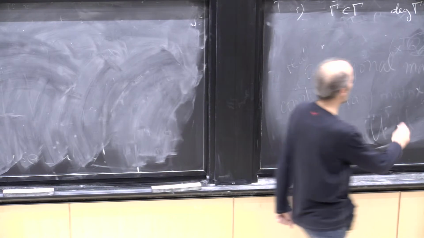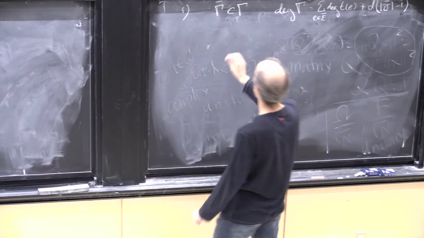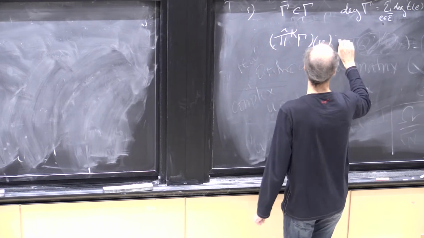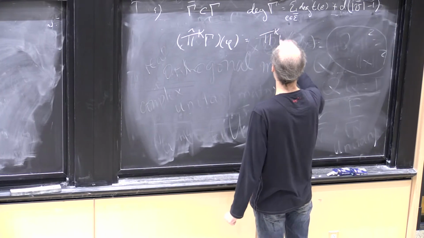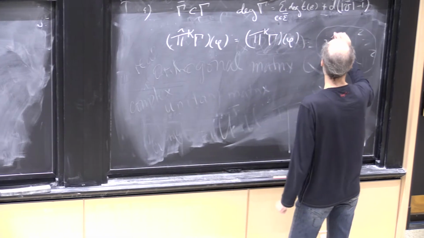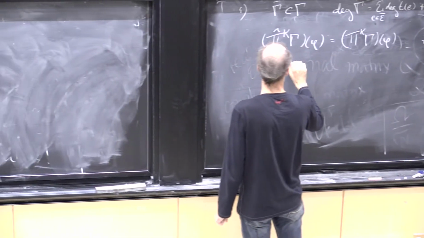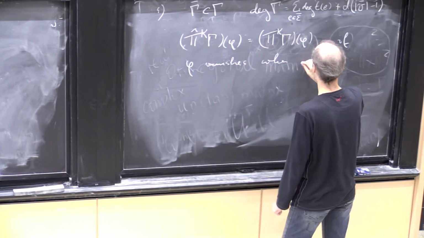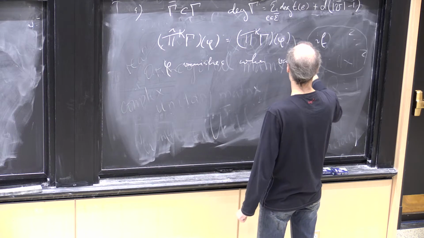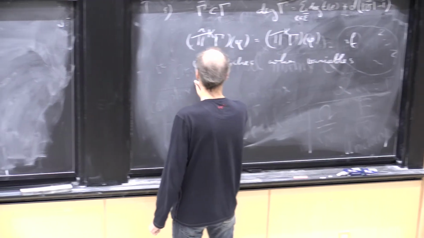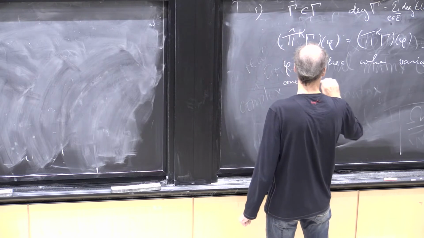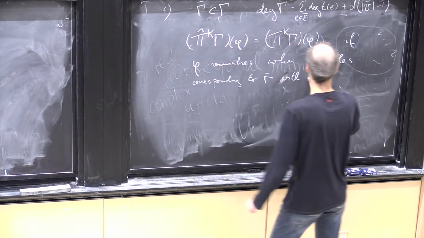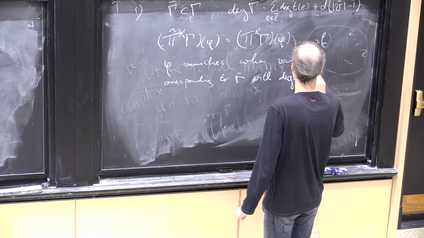So now the condition is, you want pi k hat gamma of phi to equal just pi k gamma of phi if phi vanishes when the variables corresponding to gamma bar, with degree of gamma bar negative, collide.